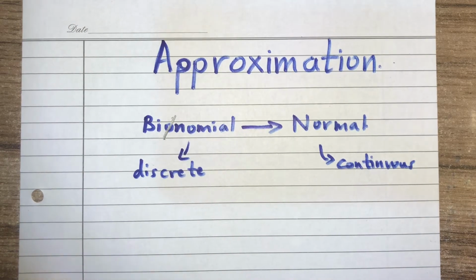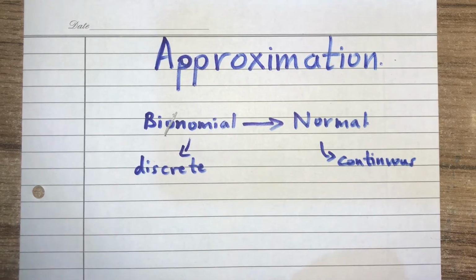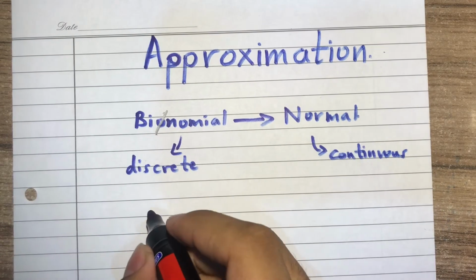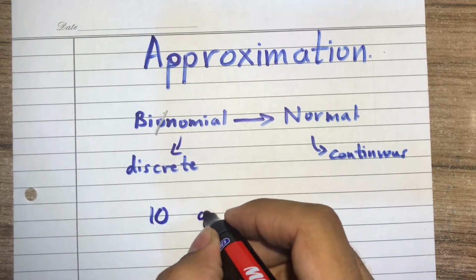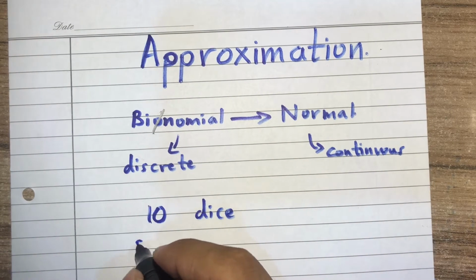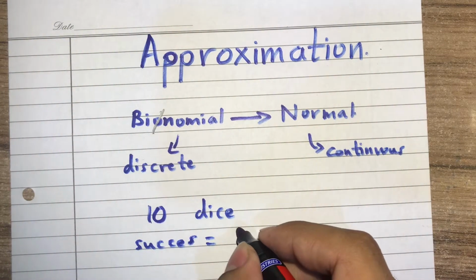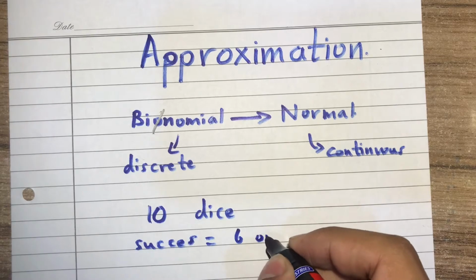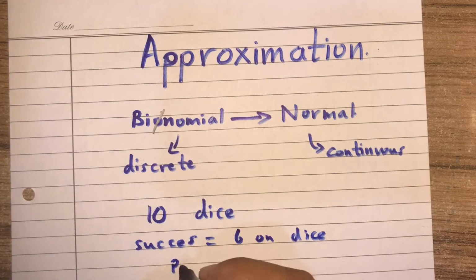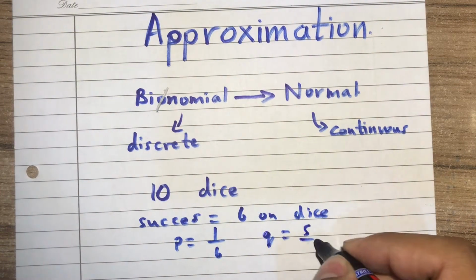Now, for this you need to be strong in binomial distribution and normal distribution, so you can watch my videos on those as well. Now, for example, if we have 10 dice, and a success is getting a 6, so the probability for success will be 1 over 6 because there's only one 6, and the probability for failure is 5 over 6.